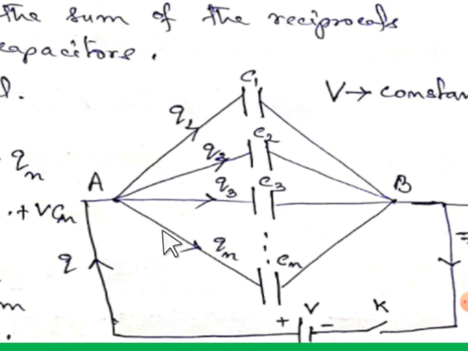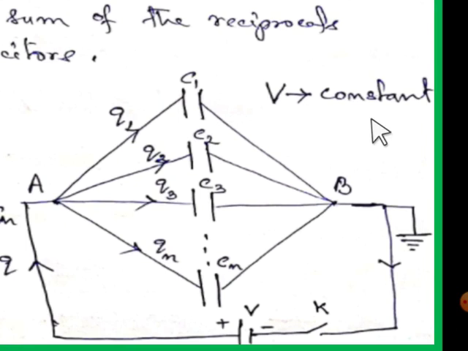So different values of charge will come out from the source of EMF and pass through these capacitors, right? But even though the charges stored are different depending upon their capacitance, as they are connected in parallel across these 2 points A and B, the potential difference across the capacitors C1, C2, C3 up to Cn will be the same. Got it? Same potential across different capacitors having different capacitance.